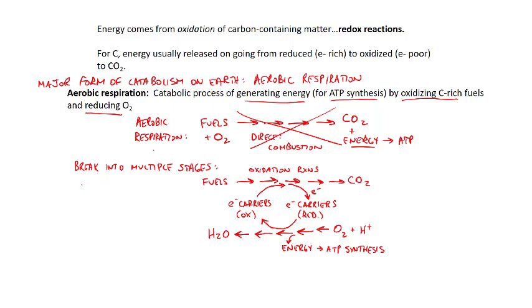Okay? This is entirely possible because the reduction of oxygen is very favorable. Its free energy change is very negative. Why is that? Well, that's partially because oxygen loves electrons, right?